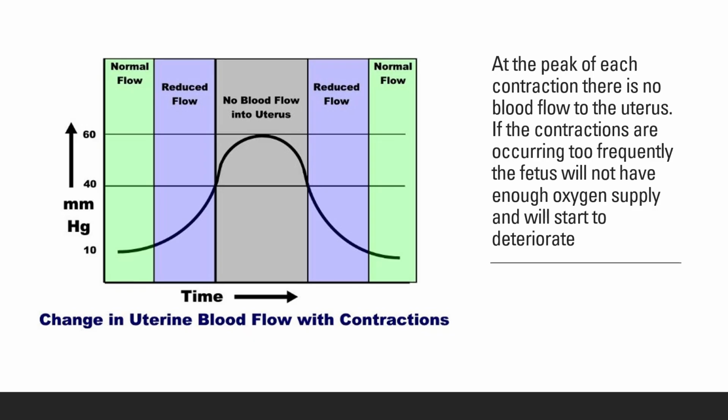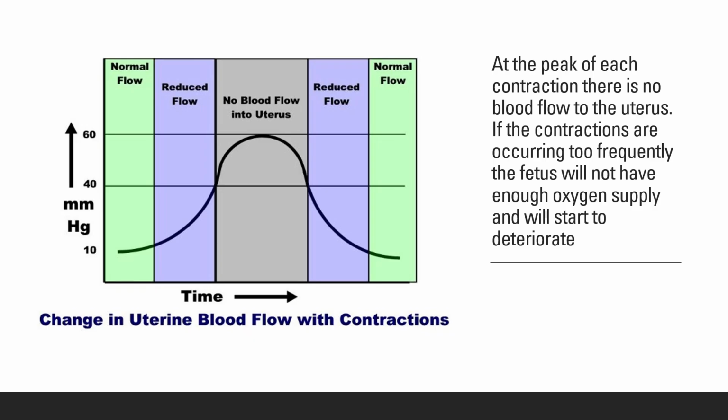All right, so this is just an example, a picture. Because the uterus is a muscle and the placenta is also being utilized during this process, when the baby's being squeezed, blood flow does change when it crosses the placenta.